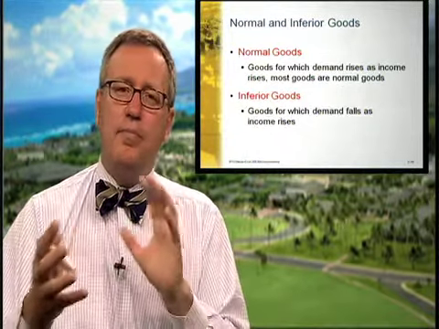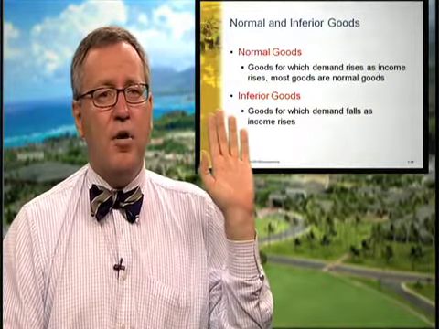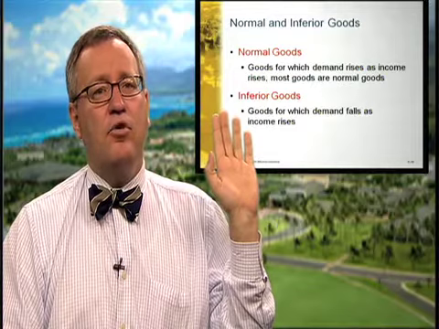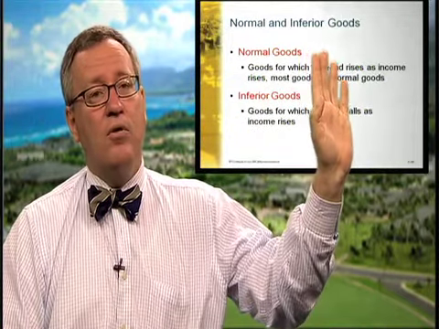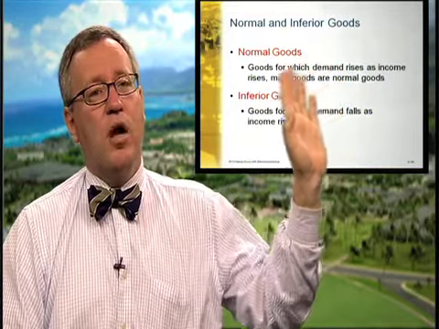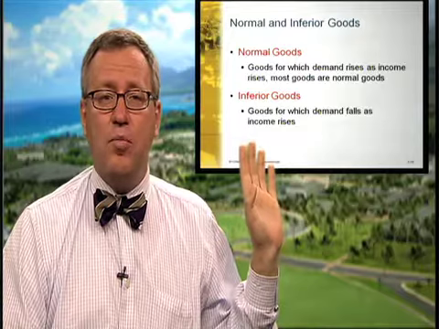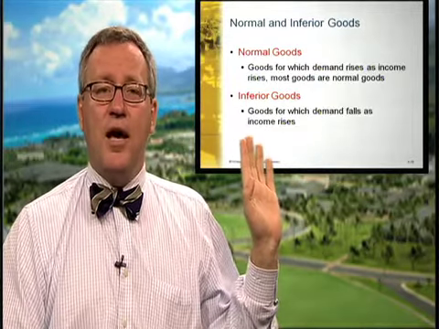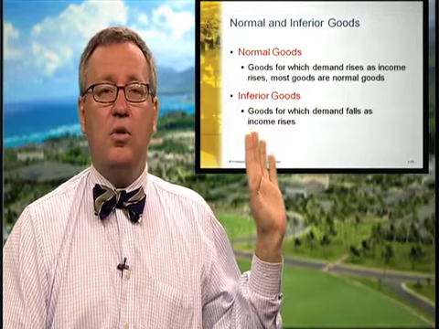Now think about this from the perspective that it works both ways. If income goes up, demand for normal goods also goes up. But remember, if income goes down, demand for normal goods also goes down. The case with inferior goods works the same way. If income goes up, demand for oatmeal as an inferior good is going to do what?